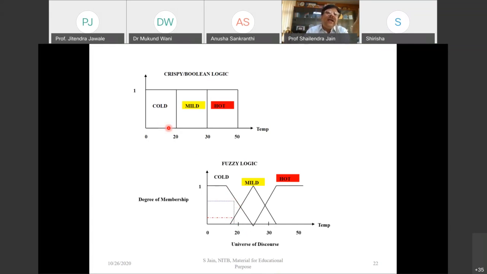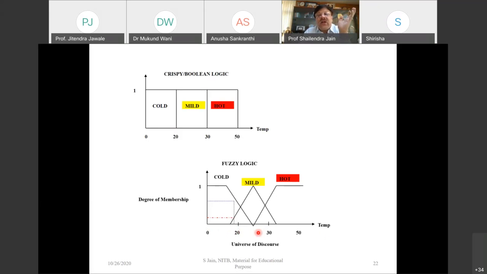In crisp logic, 18 degrees is cold, 0% mild, 0% hot. Whereas in fuzzy logic, 18 degrees is some degree cold, but at the same time some degree mild. So now for the same input parameter, I have more flexibility. The 18 degrees, which was described as 100% cold, is described with some degree mild, some degree cold. So more flexibility is given.